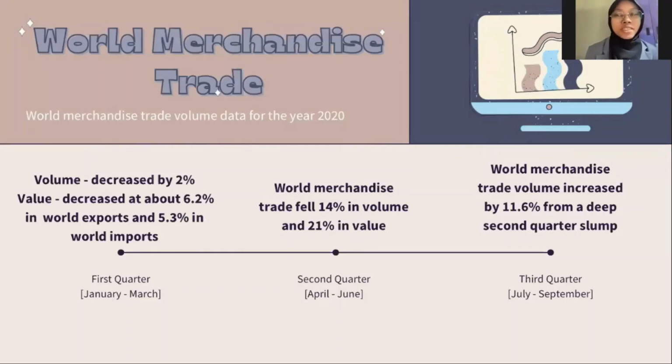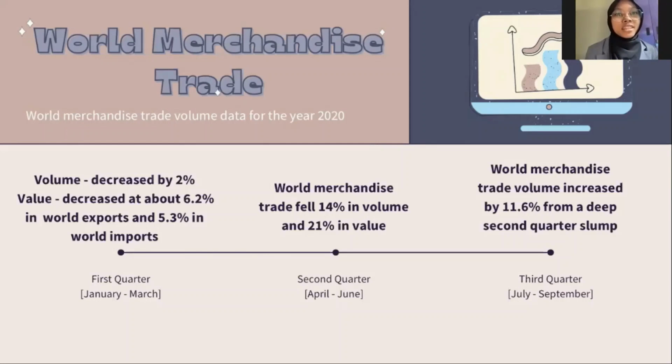In value terms, world exports and imports decreased by about 6.2% and 5.3% in year-on-year terms. All regions registered a decline in 2020 Q1.